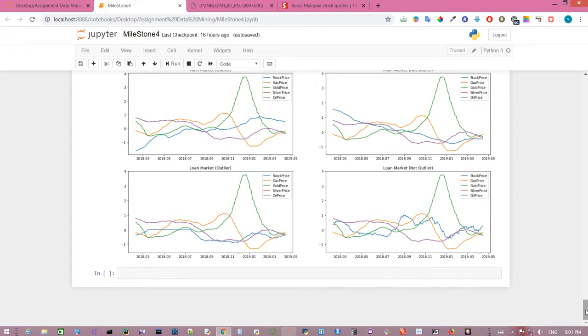Those aren't changing. And here for loan market stock price, yeah, it has some oscillation, but the changes look really similar to each other.